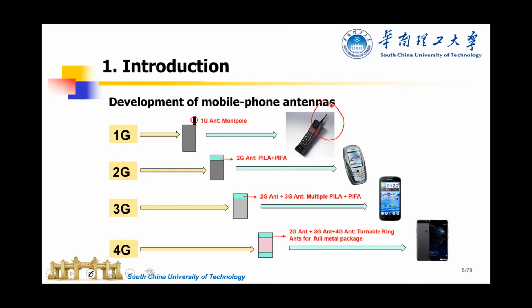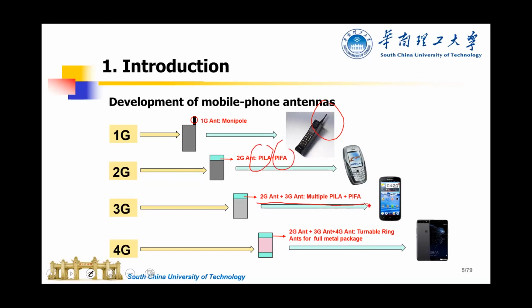In the 2nd generation, the antenna was inside the box of the phone, and also had 2 band antennas. In the 3rd generation, there were many antennas inside the mobile phone, with many bands.